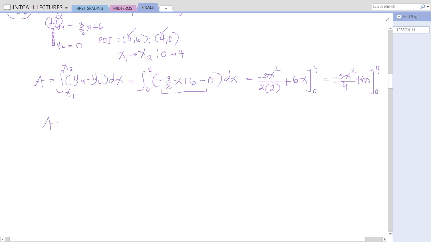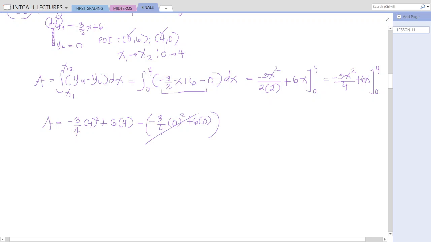Okay, so the area will be equal to negative 3 fourths, so substituting the upper limit, which is x, that is 4 squared, plus 6 multiplied by the upper limit, which is 4, and then minus negative 3 fourths, and then 0 for the lower limit, and then plus 6 multiplied by 0.